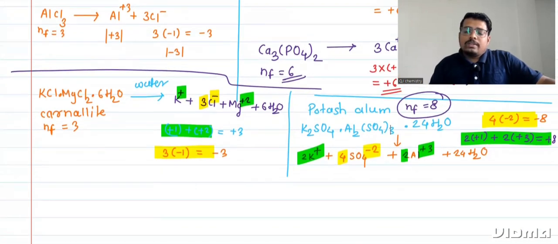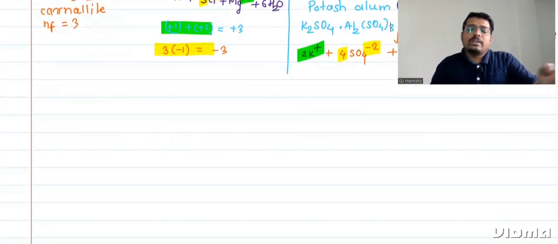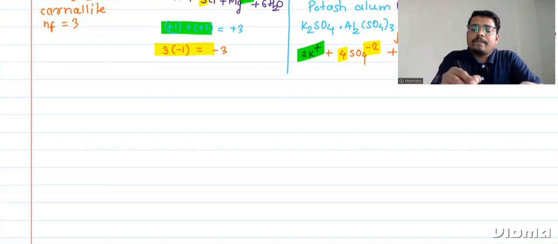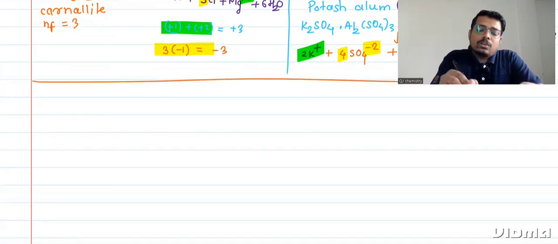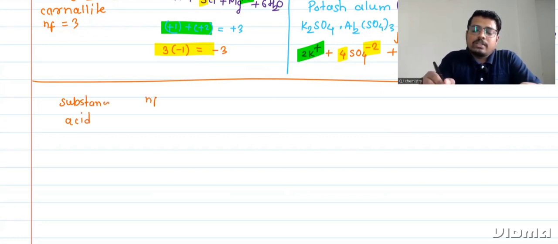Okay, so let us summarize the n factor calculation part. If the given substance is an acid, then the n factor is equal to its basicity. If the given substance is a base, then the n factor is its acidity.